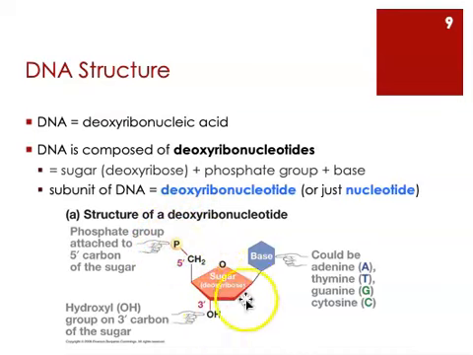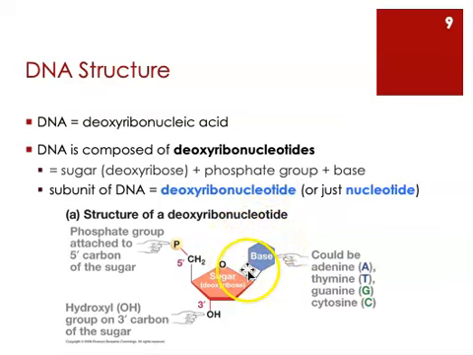So, sugar, deoxyribose, phosphate group, and the third part of this nucleotide is the base. Now, you'll hear bases referred to sometimes as nitrogenous bases because they have quite a bit of nitrogen in them.